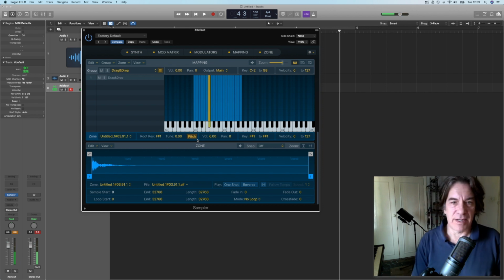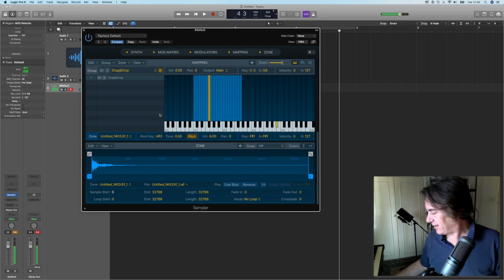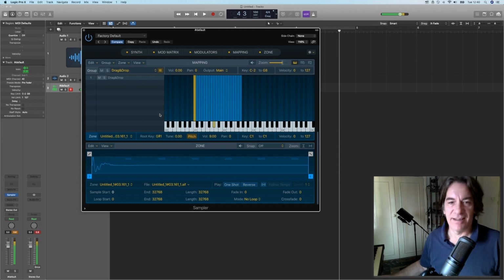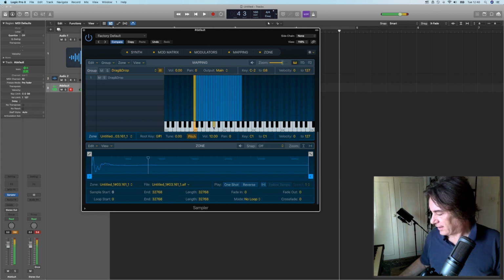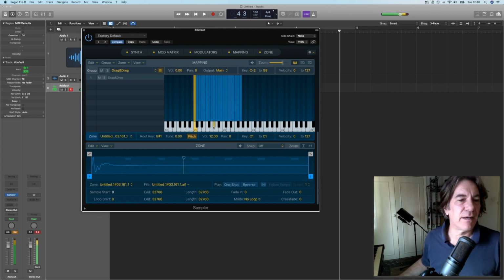Oh, let's have that quite low. So I'm going to take the root key up. I think this one, that can be louder. I'm getting an artifact now.